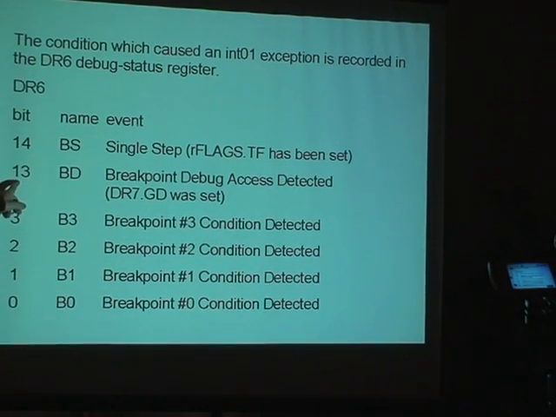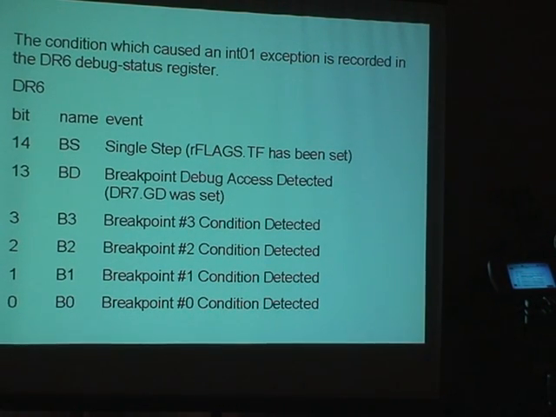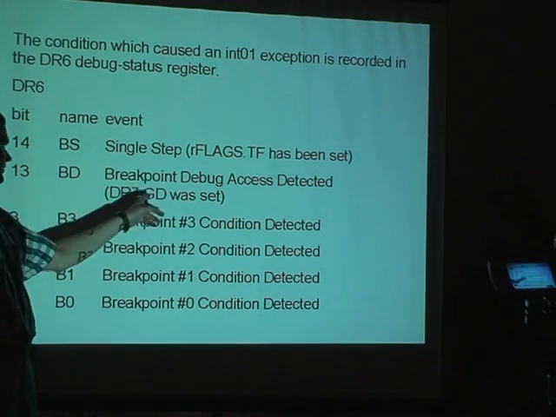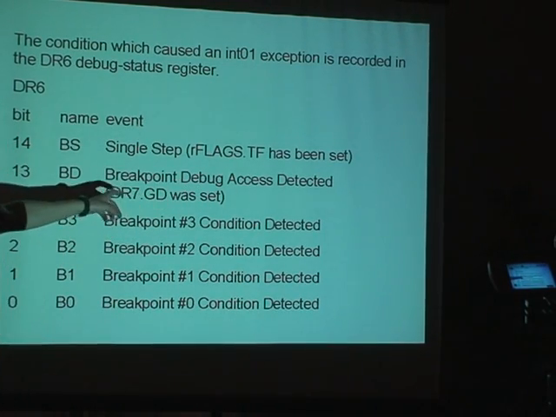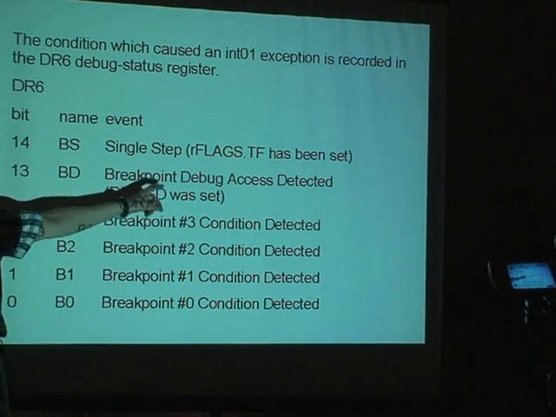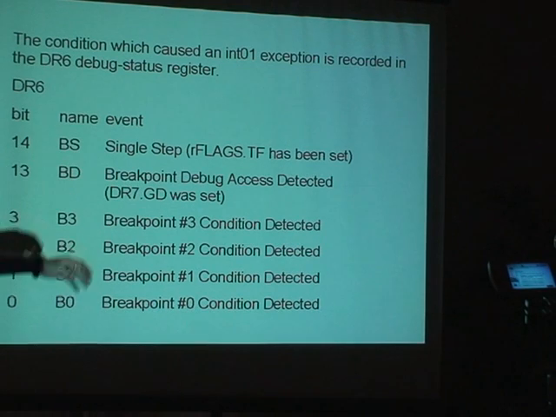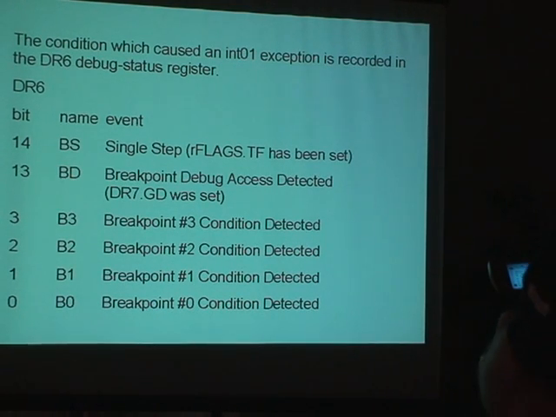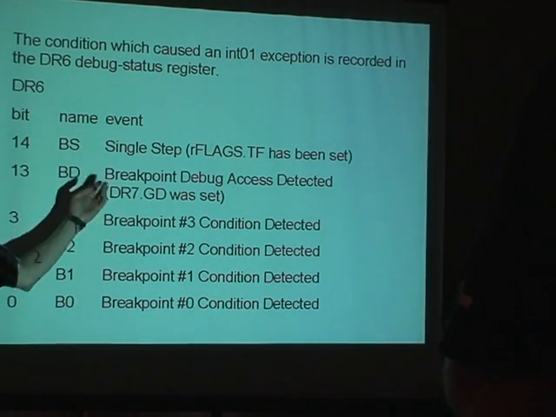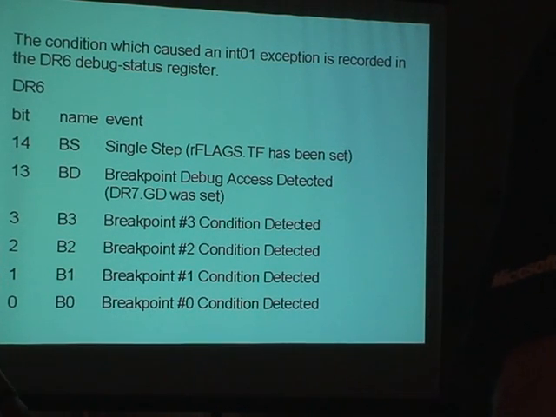If bit 13 of debug register 6 is set, it means that some program tried to read or write some debug register. It is the way to observe that somebody was trying to read or write into debug registers.